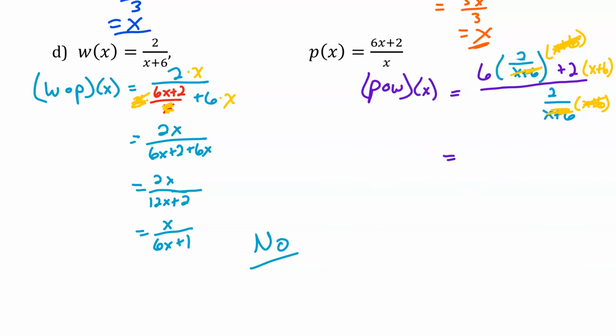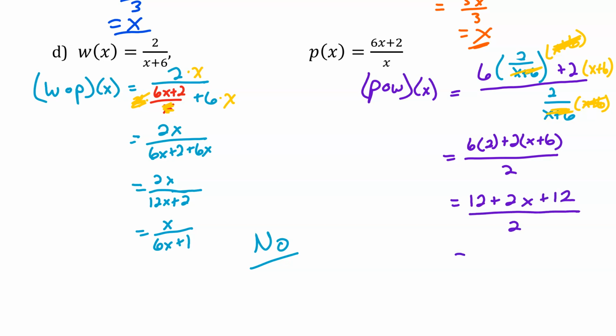So on the numerator, I will have a 6 times 2 plus 2 times x plus 6. On the denominator, I just have a 2. So I end up with 12 plus a 2x plus 12 divided by 2.